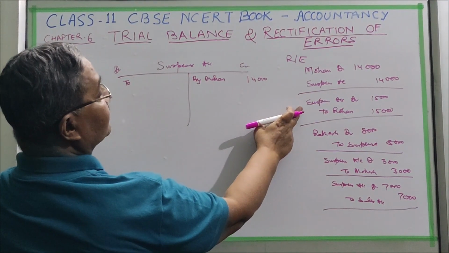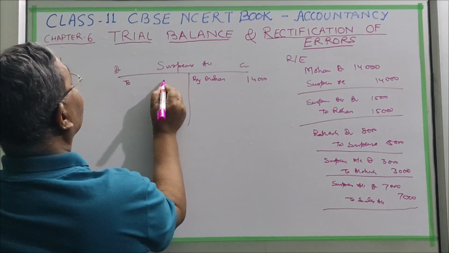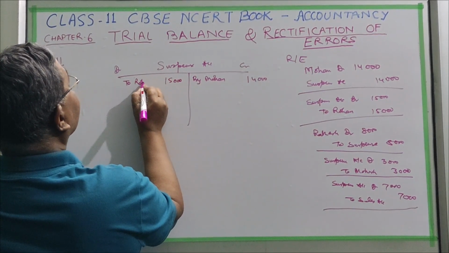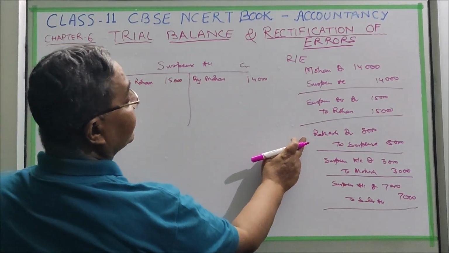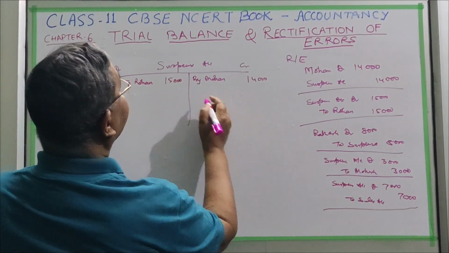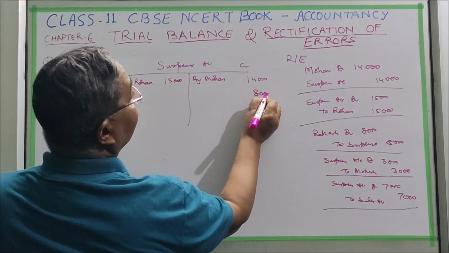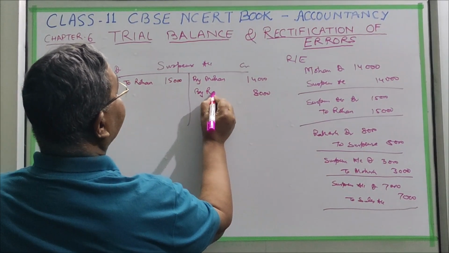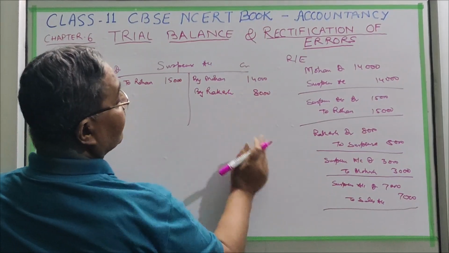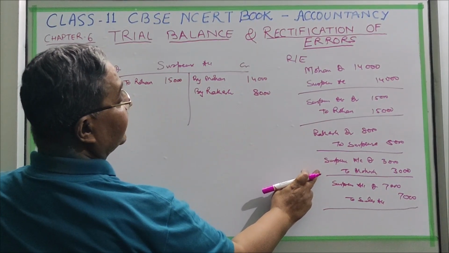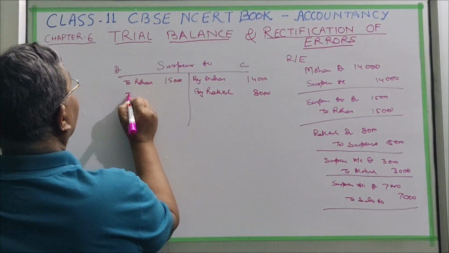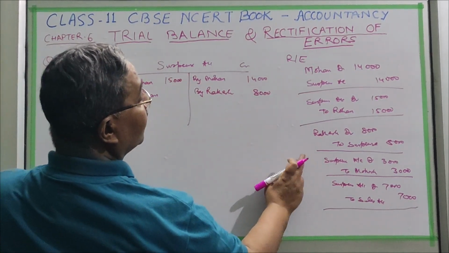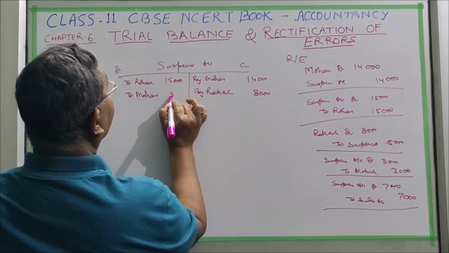Next, suspense account is debited by 15,000 to Rohan. Then suspense account is credited 8,000 by Rakesh. Then suspense account is debited to Mohan, to Mohan 3,000.